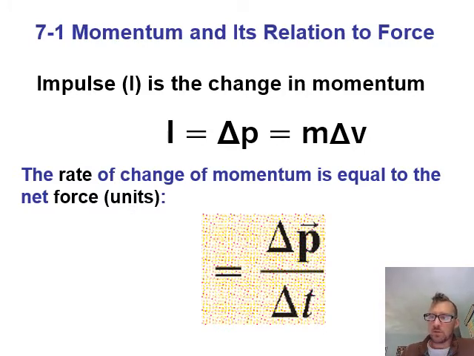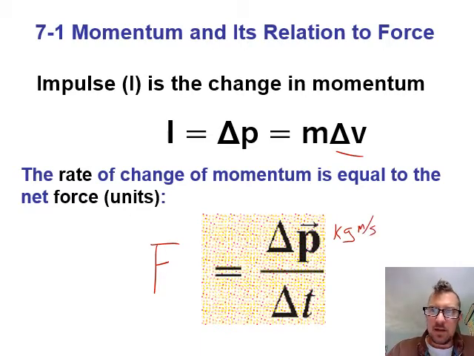impulse, but it's also looking at how momentum changes over time. If you want to change an object's velocity, you have to apply a force. So if your momentum is changing in kilogram meters per second, if it's changing over a unit of time, meaning your kilogram meters per second are changing per second, that's a unit of force, or a Newton.